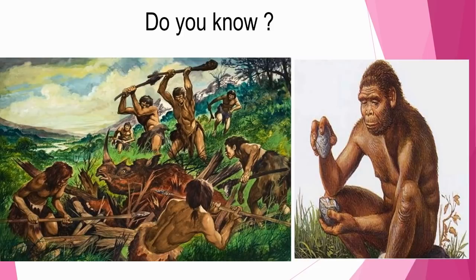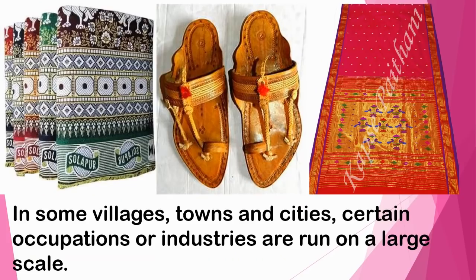Students, in some villages, towns and cities, certain occupations or industries are run on a large scale. So these industries or occupations become famous because of the craft and the speciality of the product.